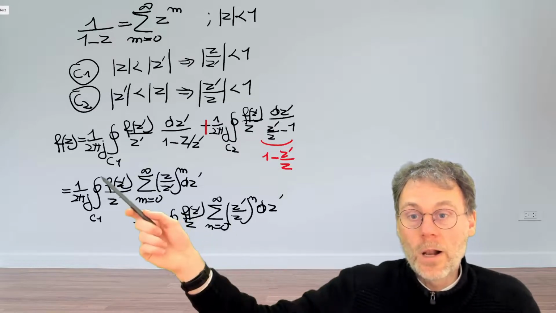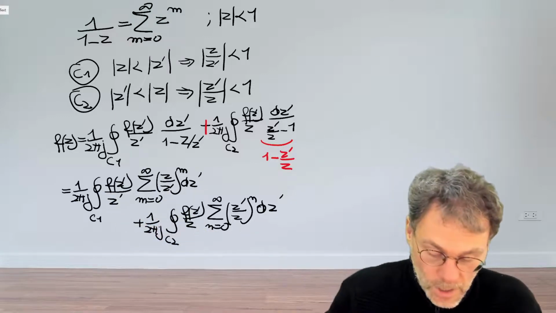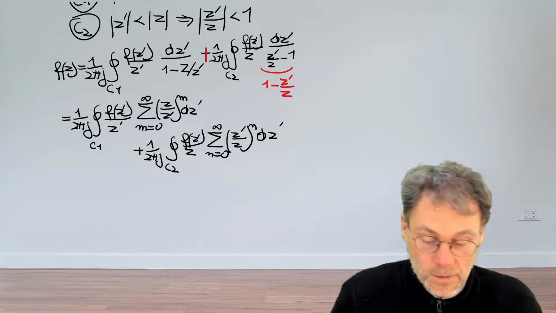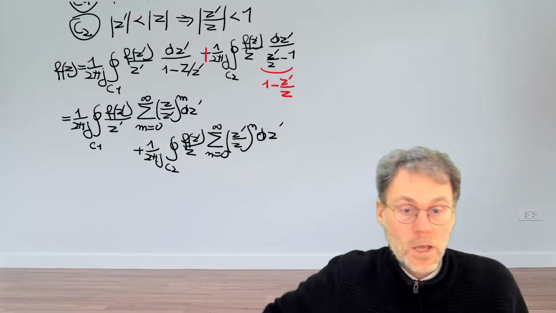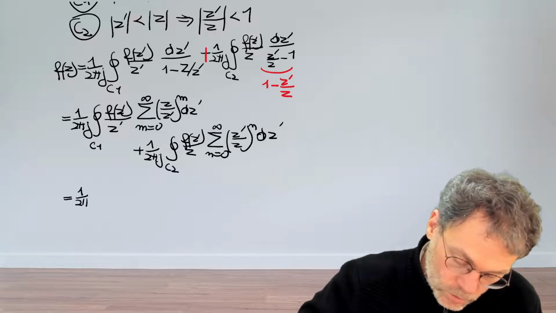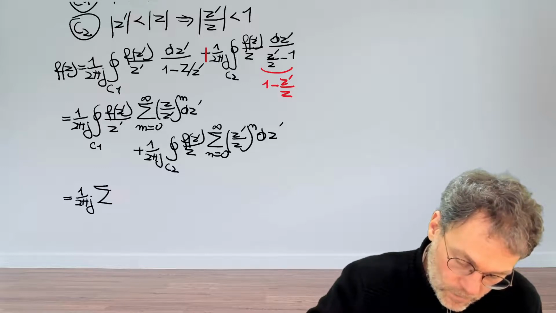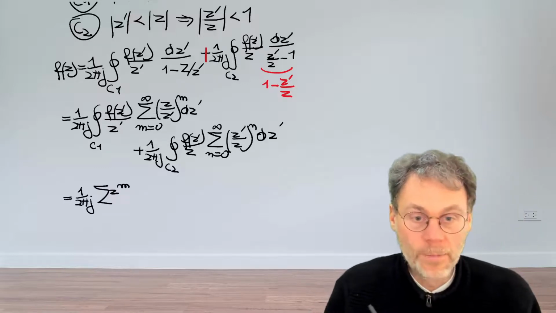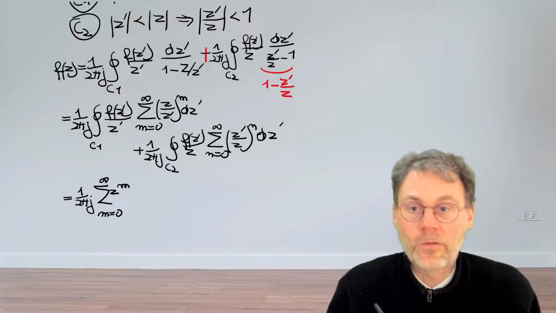Okay. Obviously, since we have well-behaved functions here, we can exchange the order of summation and integral. And again, since z does not depend on the integration variable, we can just bring this outside. So we have 1 over 2 pi j, and then we have a sum of z to the power of m, a sum where m goes from 0 to infinity.